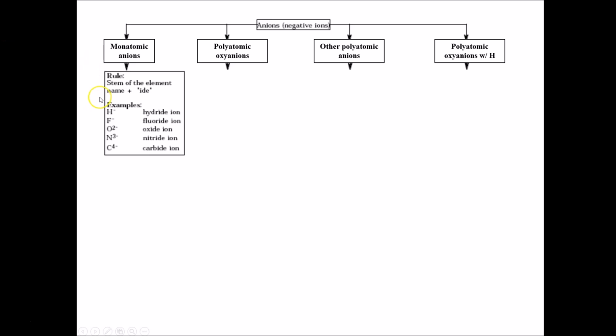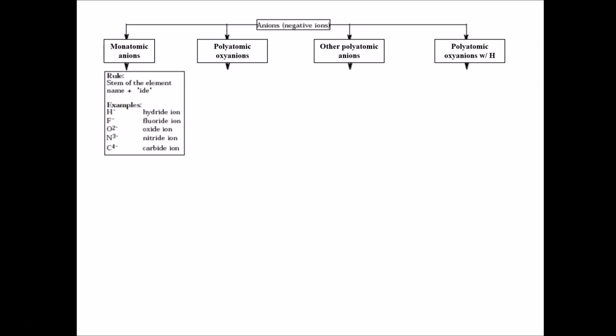So if you have one of those elements, one of those nonmetals as an ion, the one thing you have to do to the name of that element is you have to change the ending to "ide." So if you were talking about H negative, for instance, you wouldn't call that hydrogen, you would call it hydride.